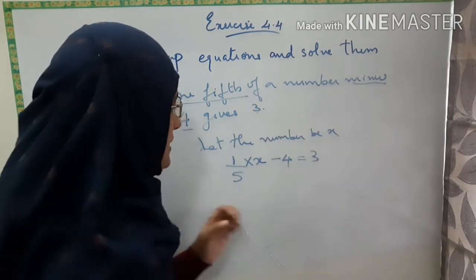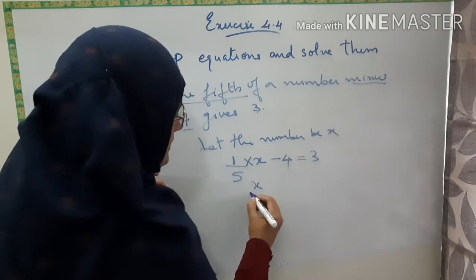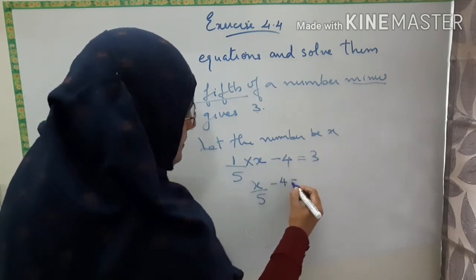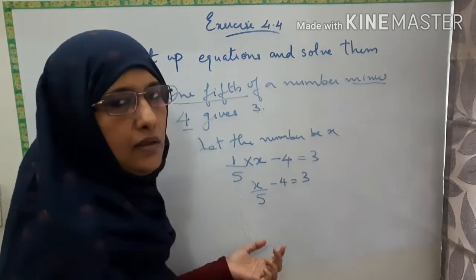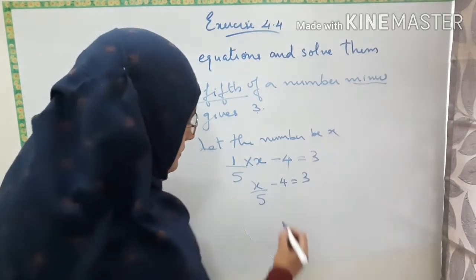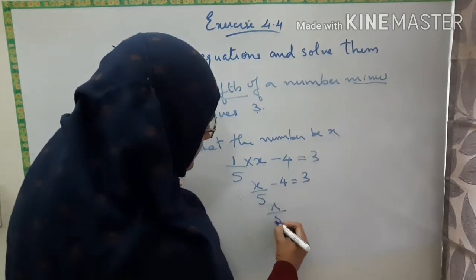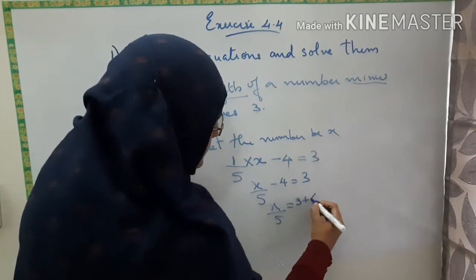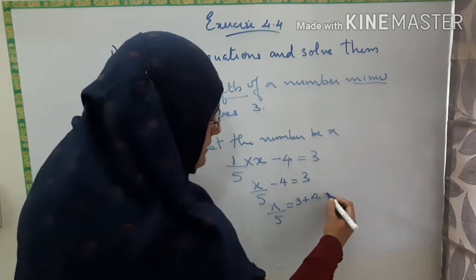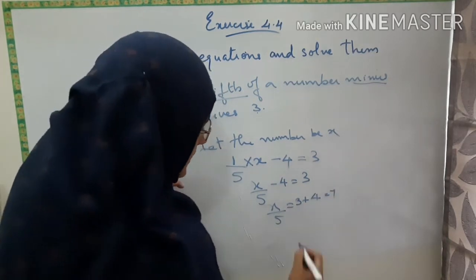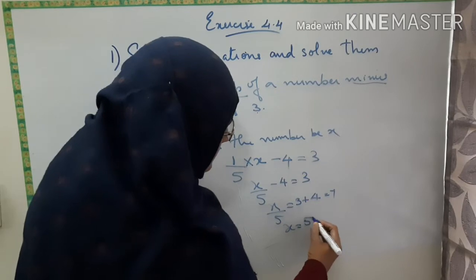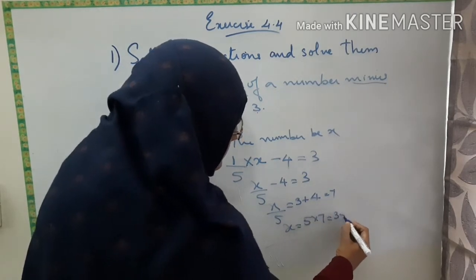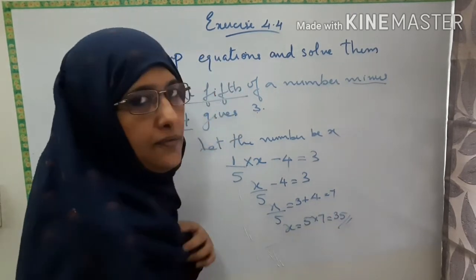So you formed the equation. 1 into x is x, so x by 5 minus 4 equals 3. Now solve the equation. x by 5 equals 3 plus 4, that is 7. So x equals 5 into 7, that is 35.